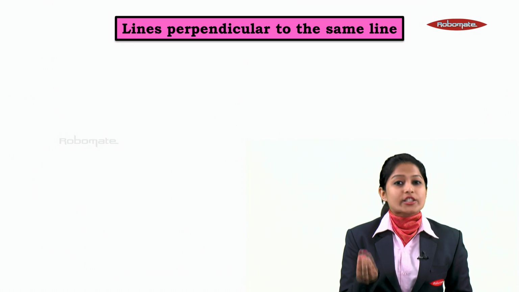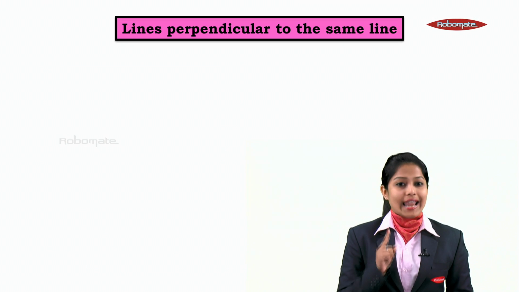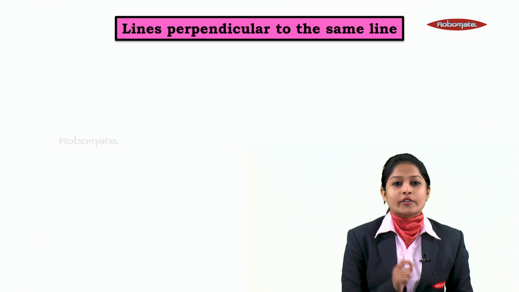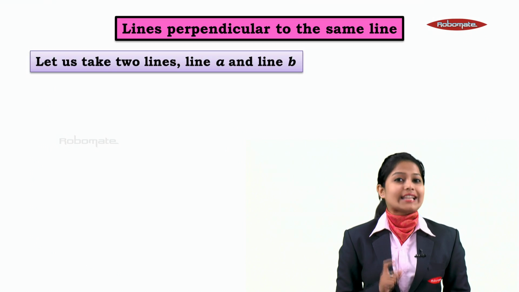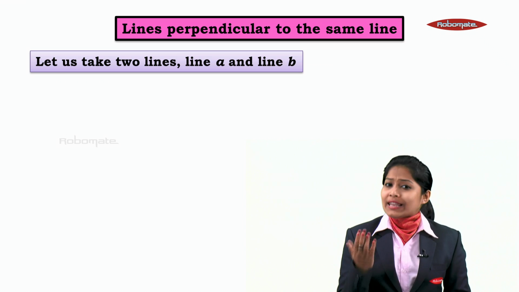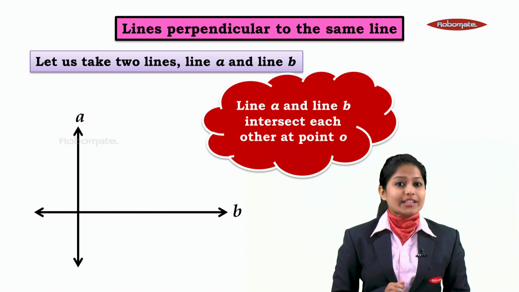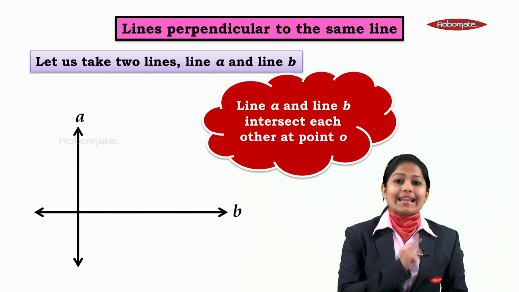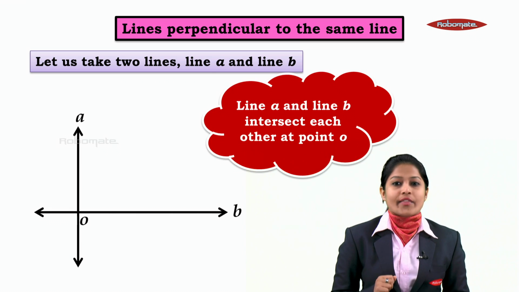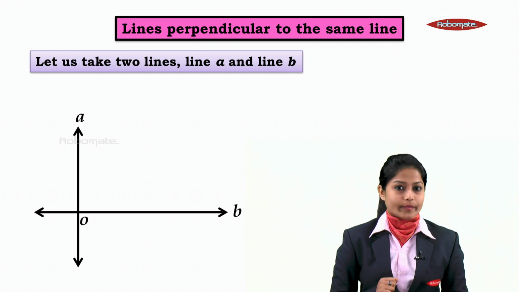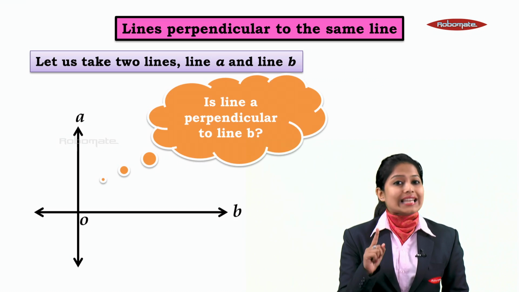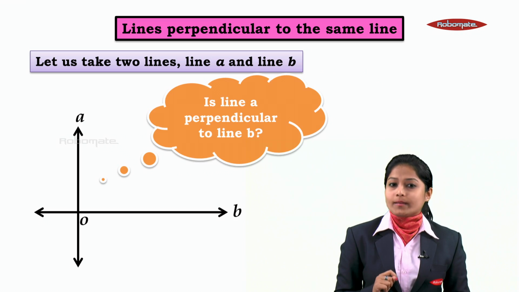Moving on with the next concept, that is about lines perpendicular to the same line. Let us take two lines, line A and line B, such that line A and line B intersect each other at point O. Now, is line A perpendicular to line B?